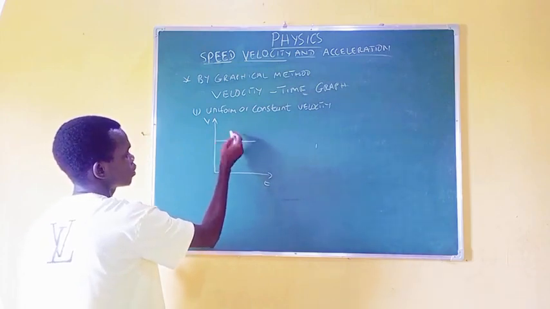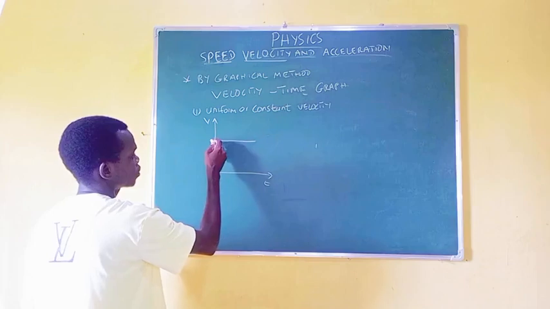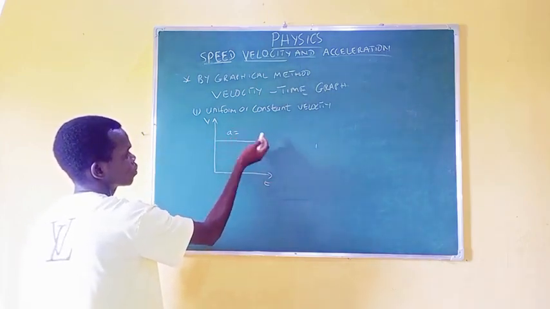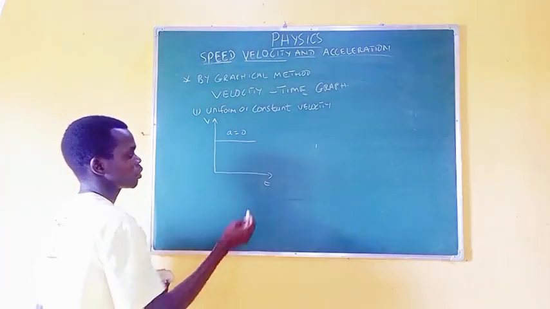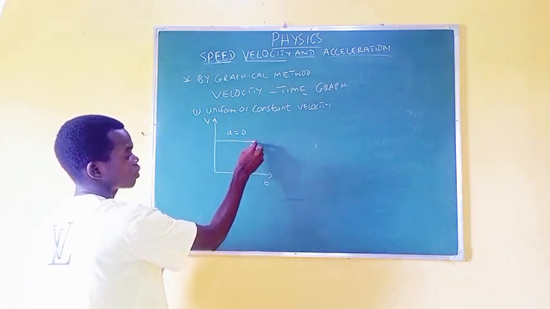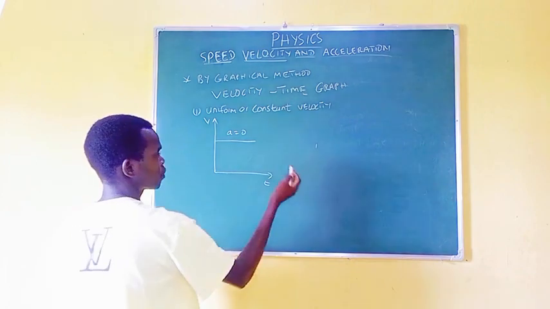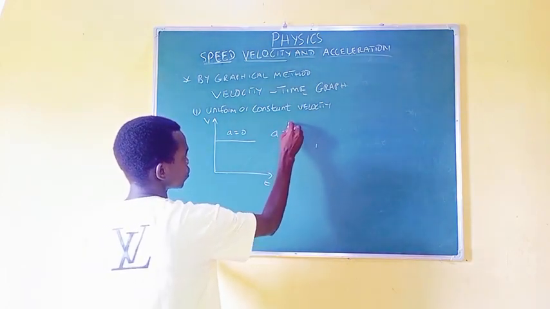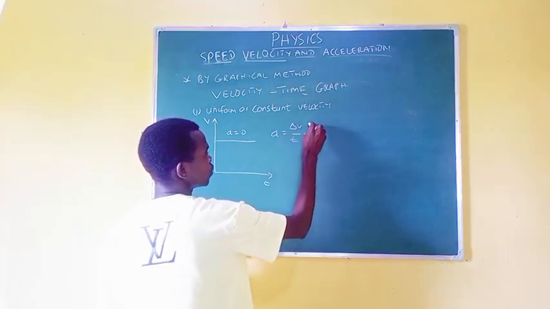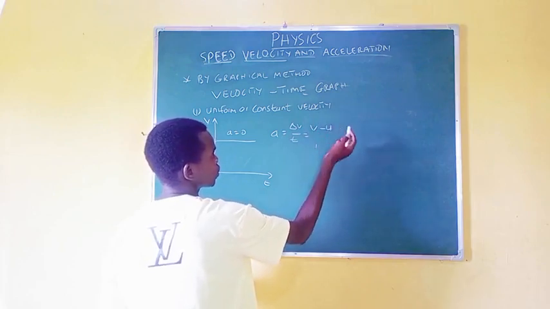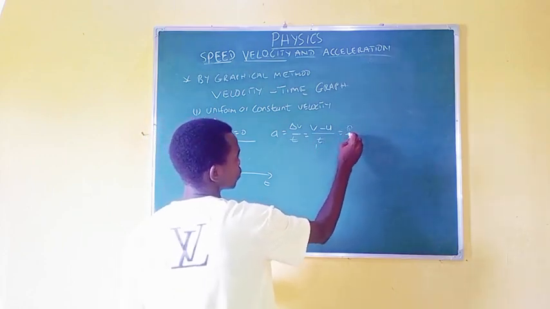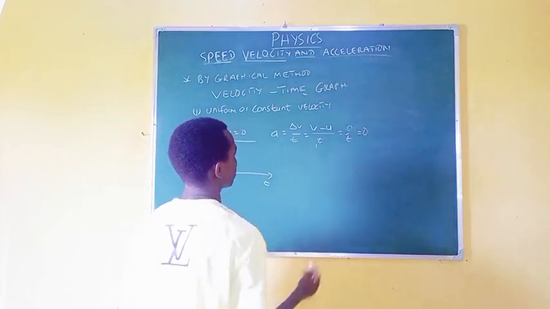That is, velocity is constant along this line where acceleration is equal to 0. Why? Because the initial velocity and the final velocity have the same value. And we know that acceleration is equal to change in velocity over time, where the final velocity and the initial velocity are equal. So it becomes 0 over time, which is 0.